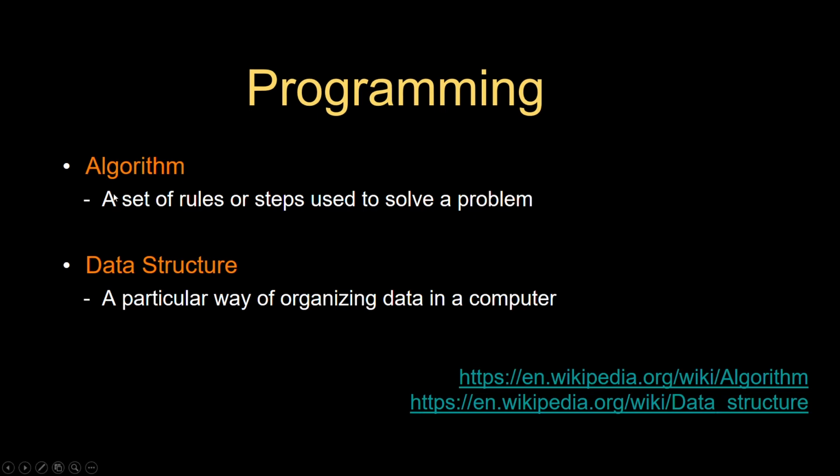For example, I can choose the larger one between the first two characters and keep that as the largest for now, and then compare that one with the third one and keep the larger between these two, compared with the fourth one, and the one that is larger I will keep as the larger. In this way I can keep comparing each and every letter up to the end, and then I will find the largest letter, right? So these are the steps, or algorithm. We call that technical term algorithm.